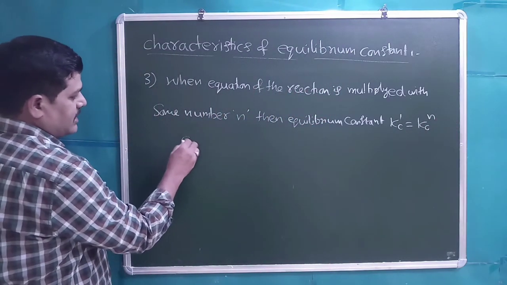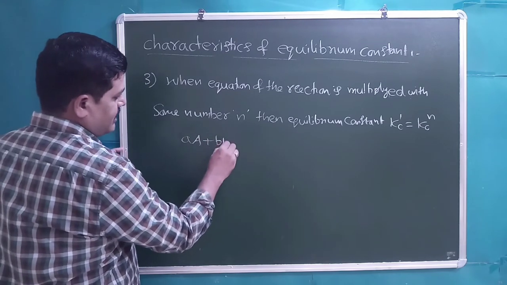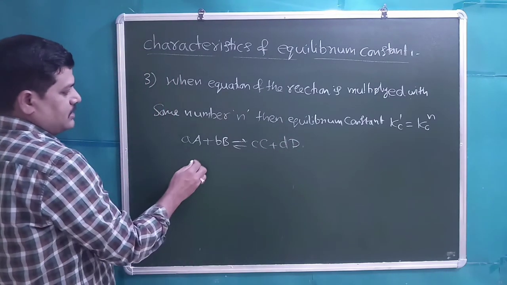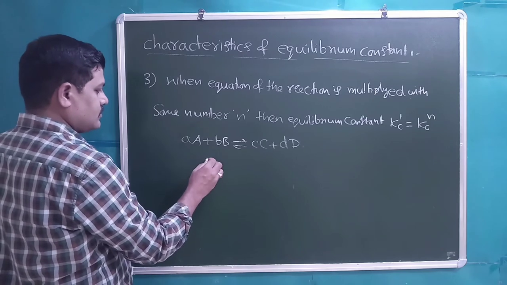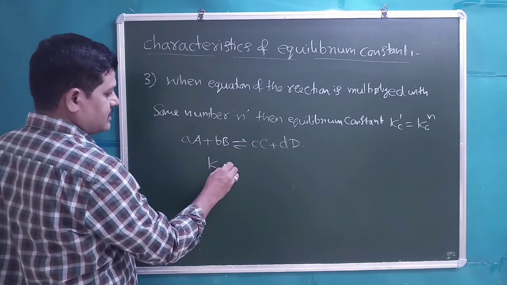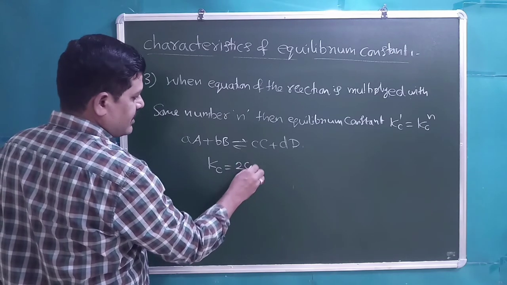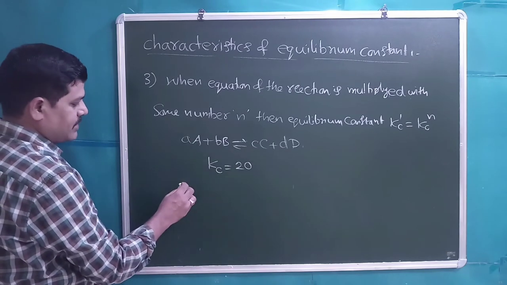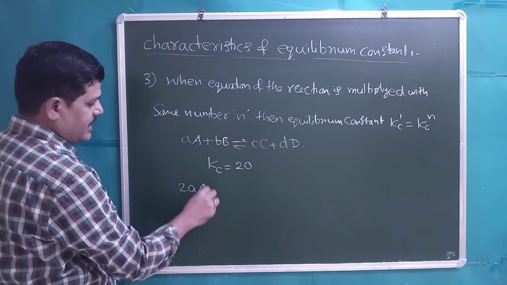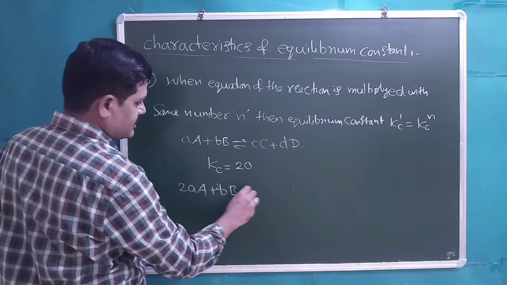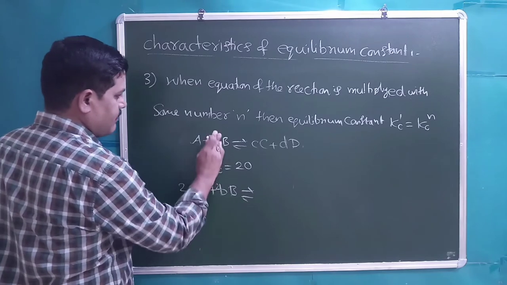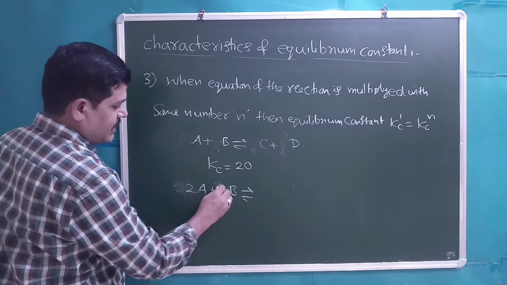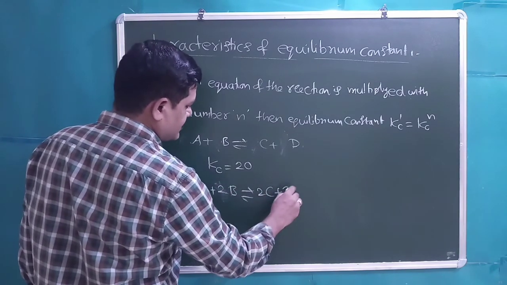Students, let us take a hypothetical reaction: a A plus b B in equilibrium with c C plus d D. Let us assume that the equilibrium constant Kc is 20 at a particular temperature, and the equation is multiplied by the number 2, that is 2A plus 2B in equilibrium with 2C plus 2D.